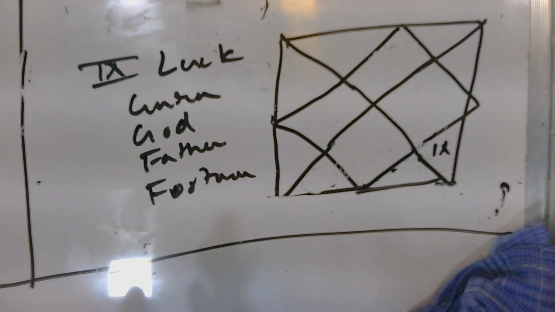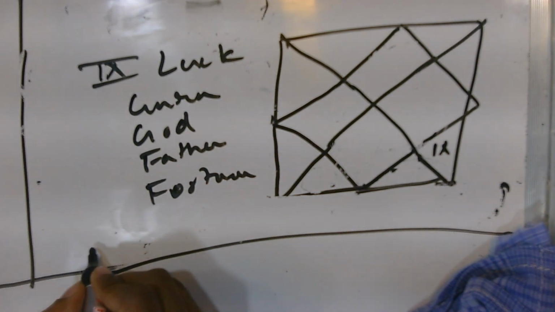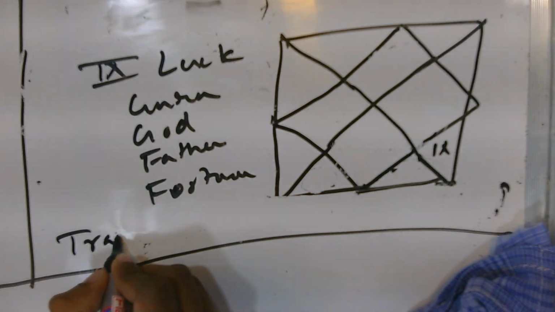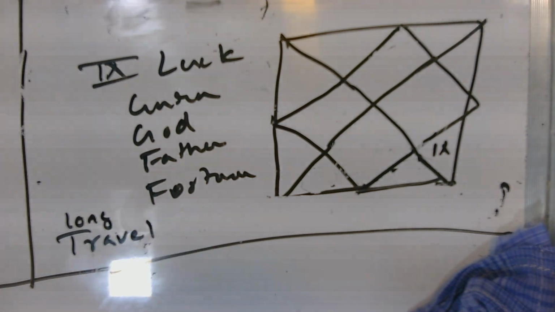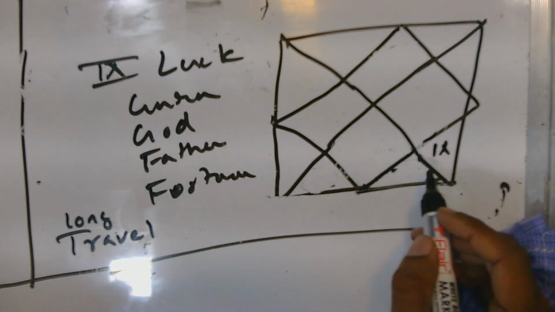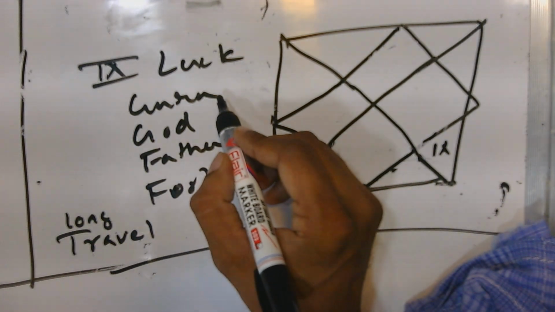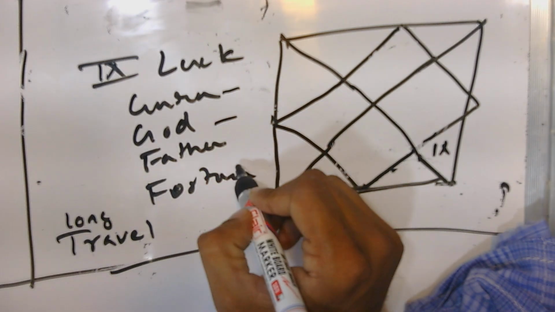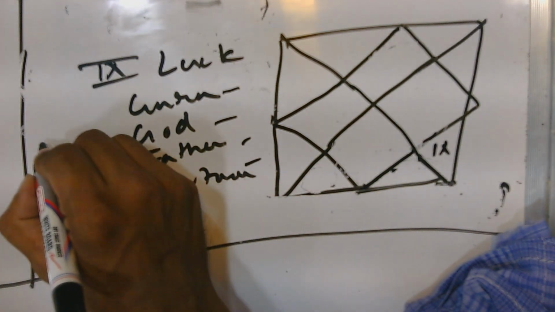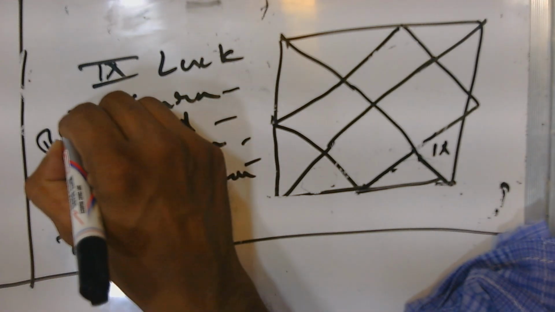This house is also associated with travel, long distance travel, long travel. So you may see this house is of the nature like guru, God, fortune, father. This house is also associated with religion.